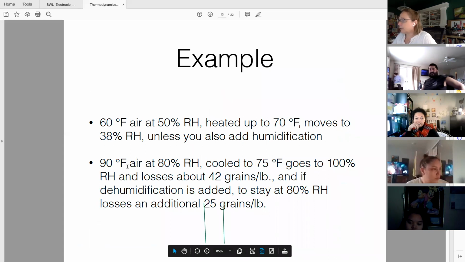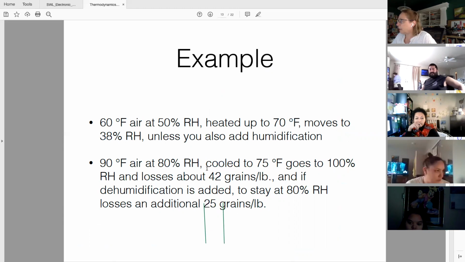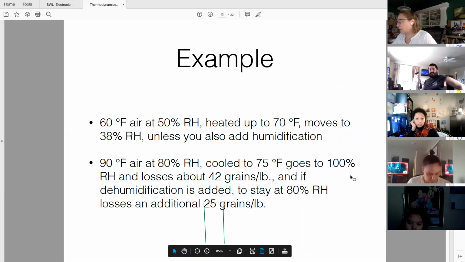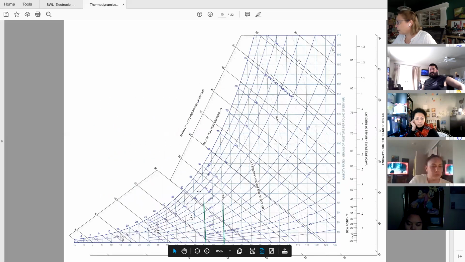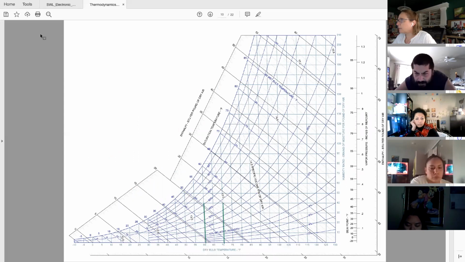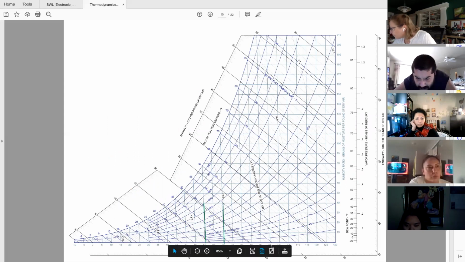So 90 degrees at 80% relative humidity, and we cool it to 75 degrees, it goes to 100% humidity. So that was 95, at, what did I say? Is that 95?